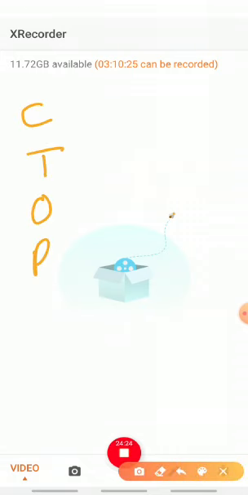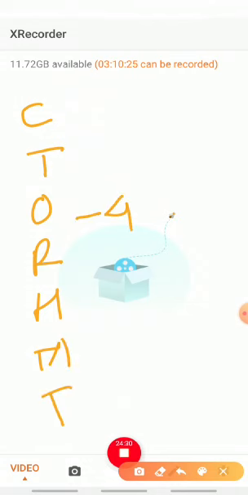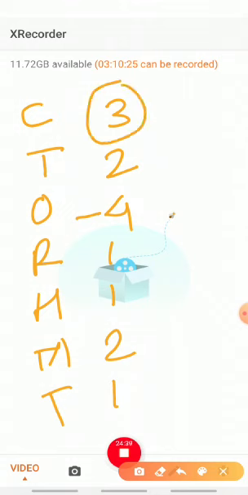C tor HMT. Okay, here I'll write 4 3 2 1 1 2 1. This means it is of 3 types. What are those 3 types? SCC, BCC, and FCC.